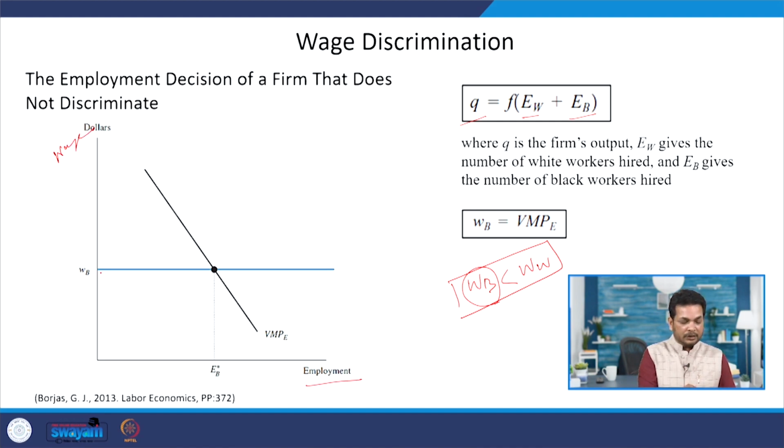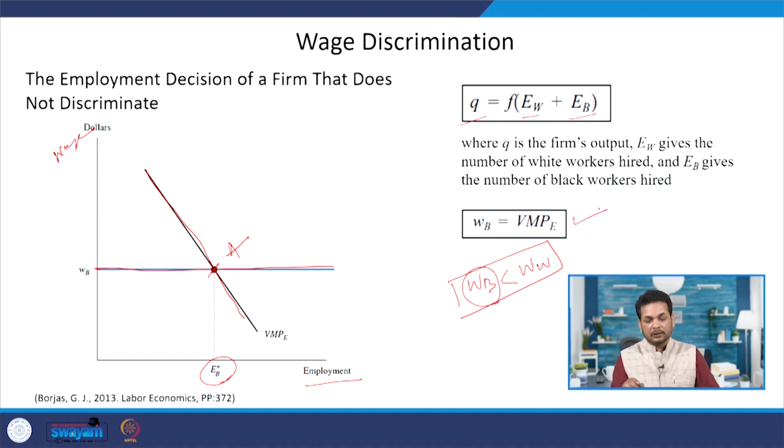The market determined wage rate for the black workers is WB, and the firm is guided by the value of marginal product of labor, which is downward sloping. So, the firm's hiring decision is at point A. Corresponding to that, the firm is going to hire E star WB amount of black workers to maximize profit. So, this is the hiring decision of a non-discriminatory firm, guided by the profit maximizing principle where the wage rate equals the value of marginal product of labor.